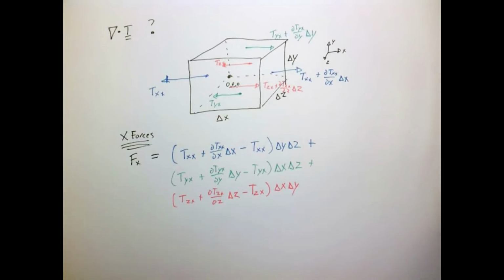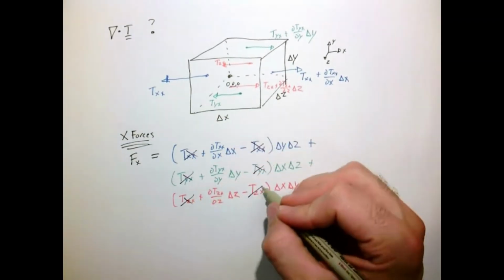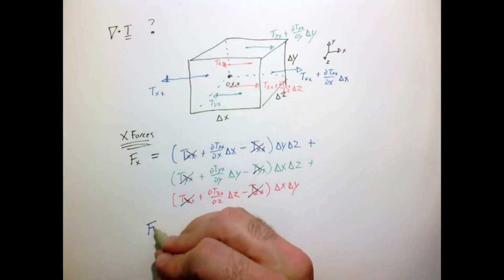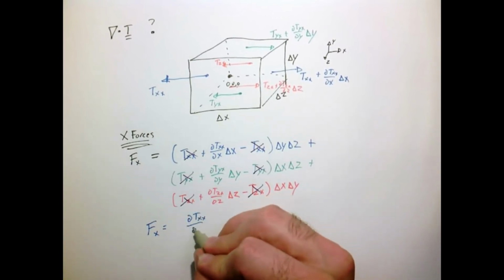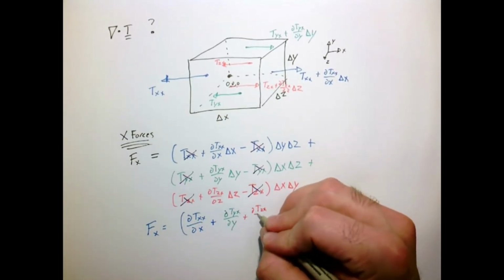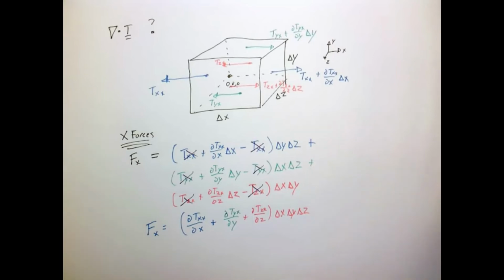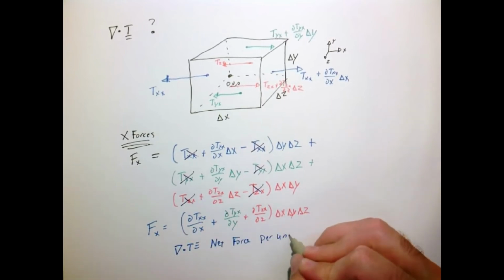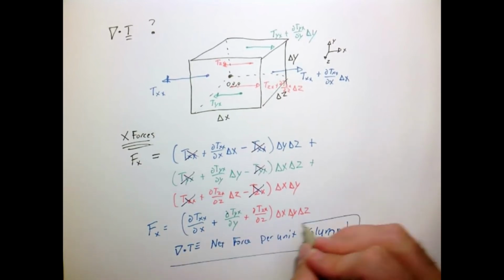Now we can see several things cancel here, and what we're left with is that the force in the x direction is the first component that we calculated on the last page when we did the divergence of the stress tensor. So that first component is the net force in the x direction times the volume. So we can think of the divergence of the stress tensor as the net force per unit volume.